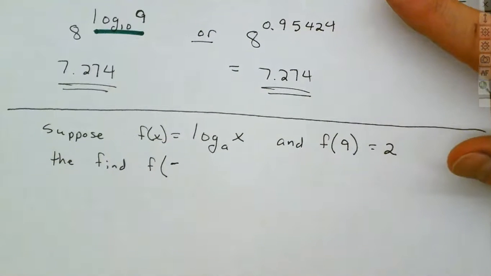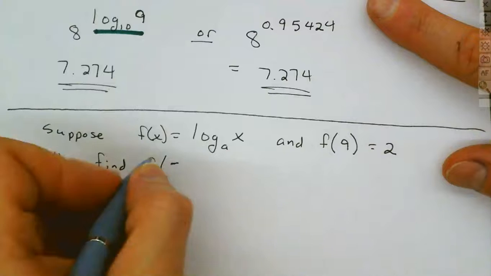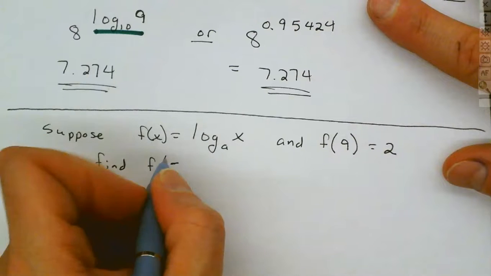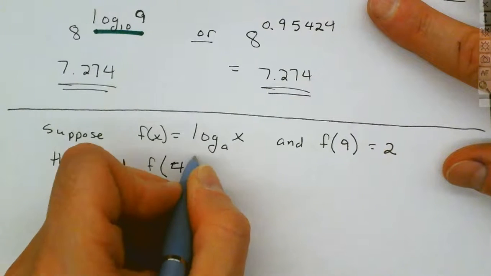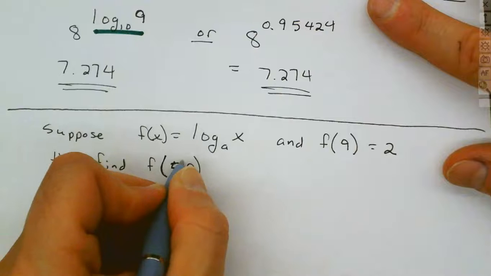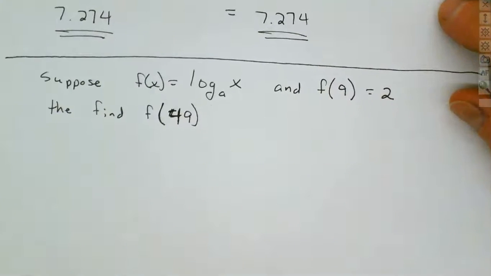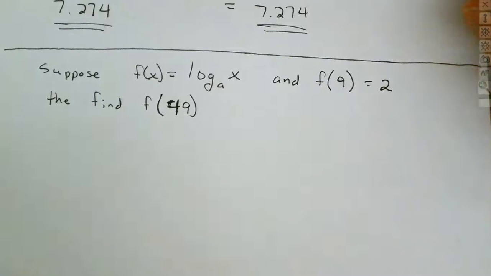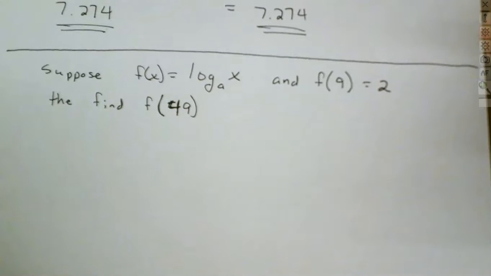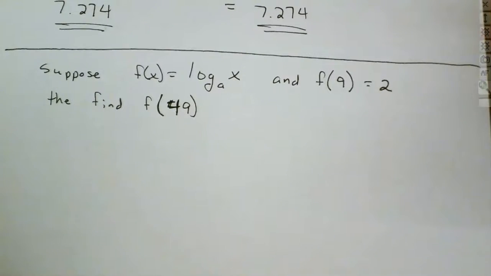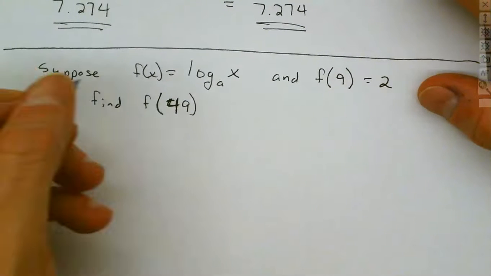How about f of, number with a good square. How about f of 49? That'll be a good square. Okay, so make sure I've got this all written up right here. Yep, and that's going to be 49 there. And you want to find that f of that value.